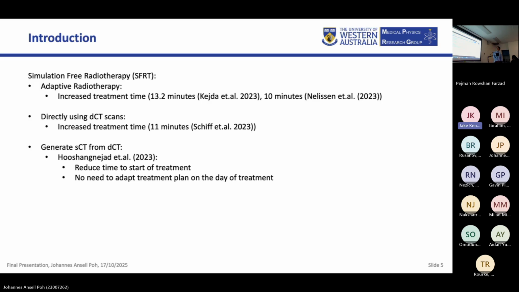And the third way of SFRT is to generate synthetic CT from diagnostic CT, which is what my project is aiming to do. This reduces the time to the start of treatment because no planning CT is required, and also there is no need to adapt the treatment plan or use a back-box during the treatment, which reduces the treatment time as well.